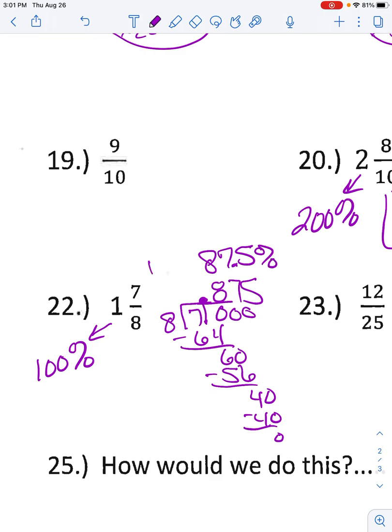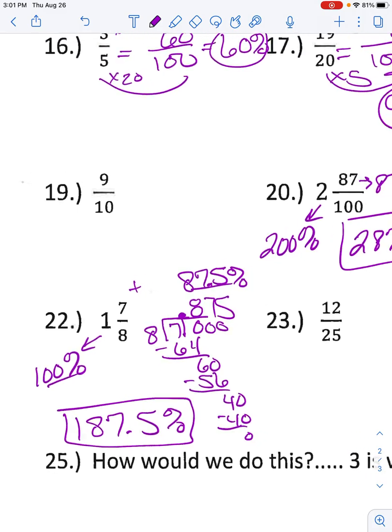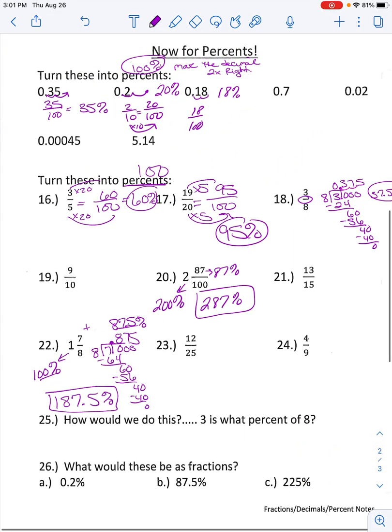Move the decimal twice to the right and add those two percentages together. So I have 187.5%. So anytime you have a mixed number, obviously 1 and something or 2 and something, it's going to be over 100%.